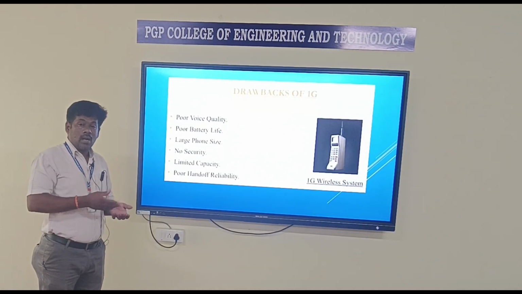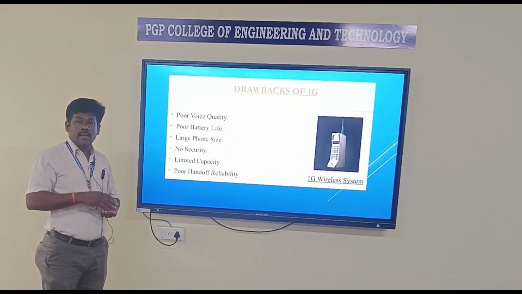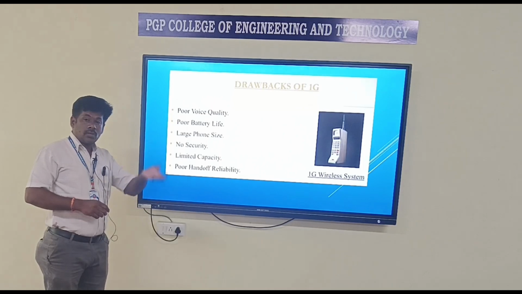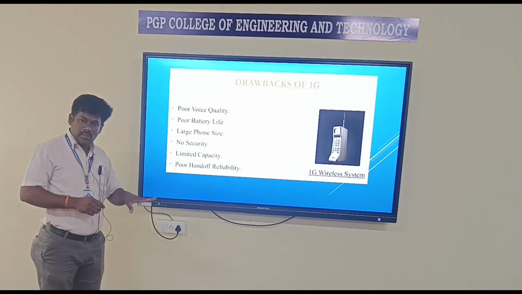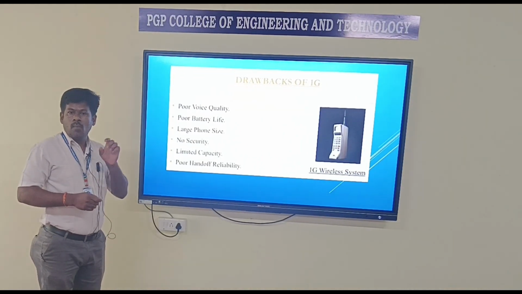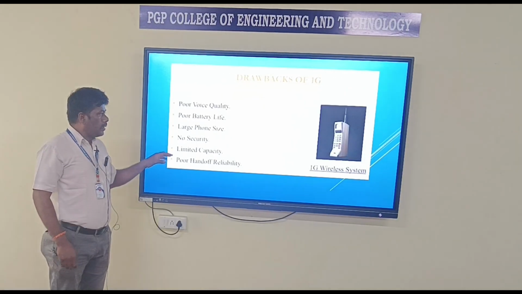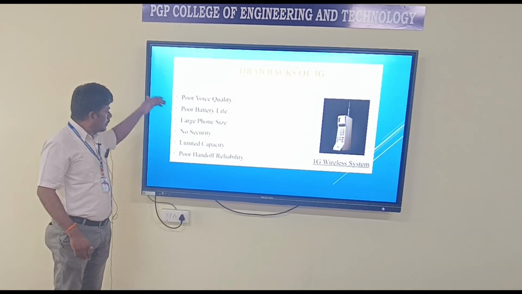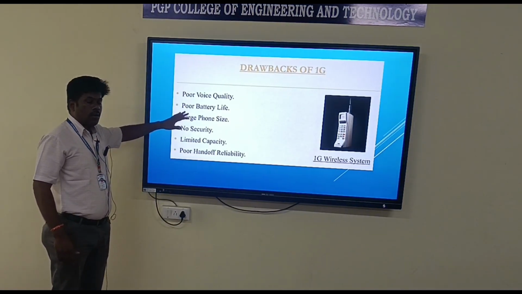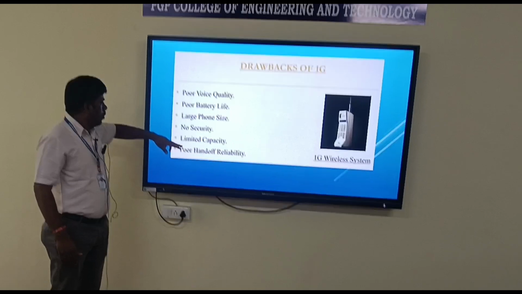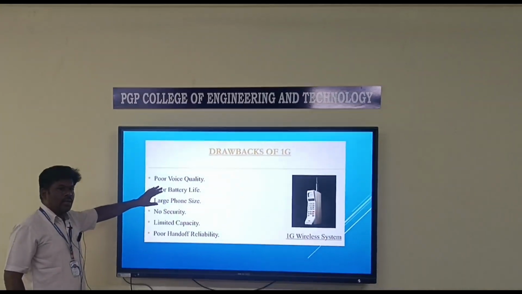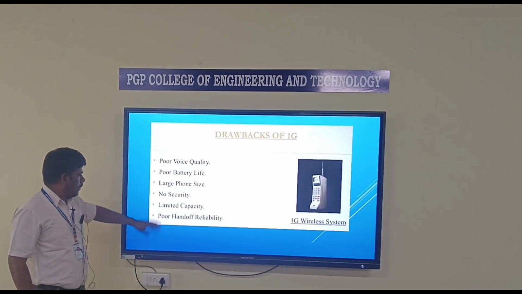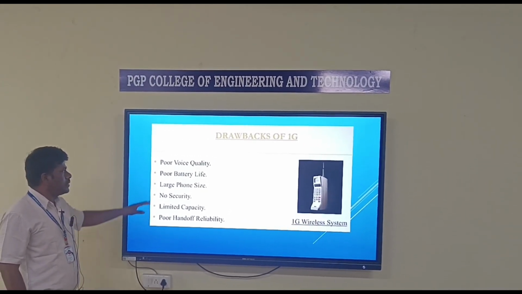After that, in Chennai they introduced RPG Cellular, and they released portable devices simultaneously. That device was also very big. I have seen that the size of first generation mobile phones was large. The poor voice quality could not be heard clearly, and the battery life was very low. These are some drawbacks of 1G technology.